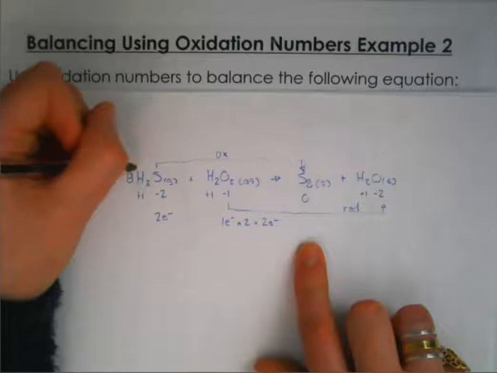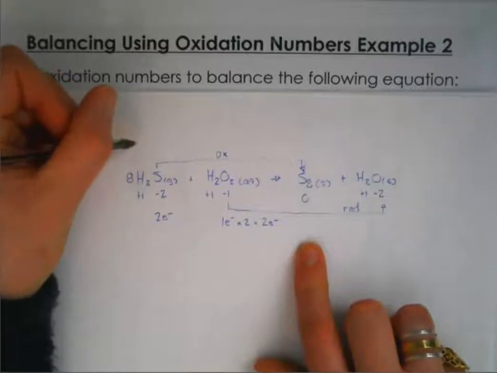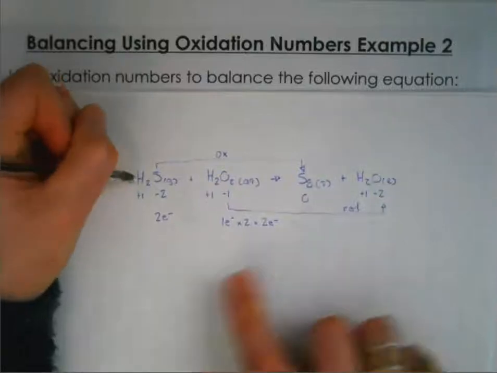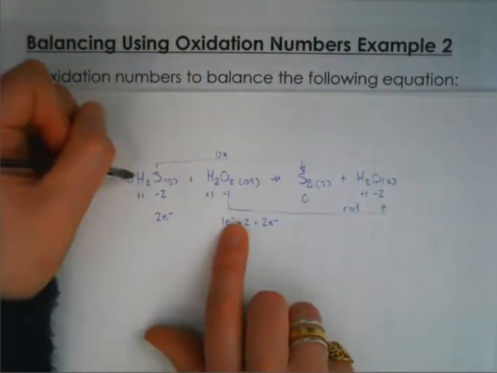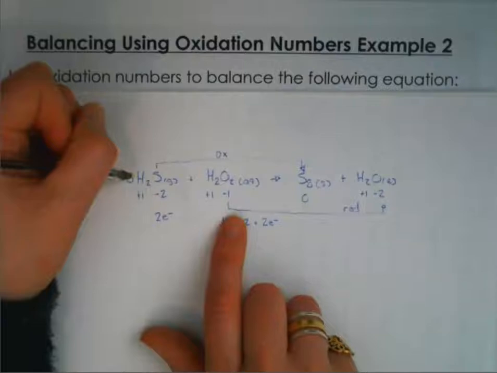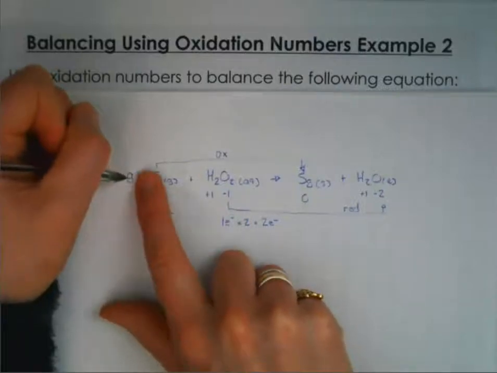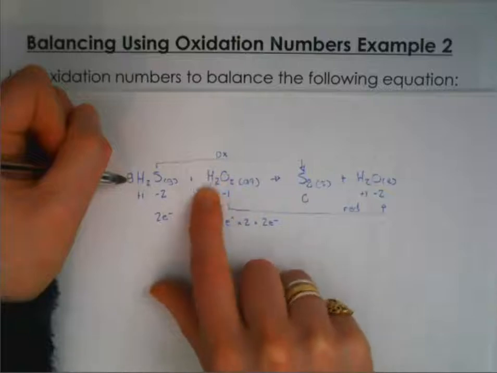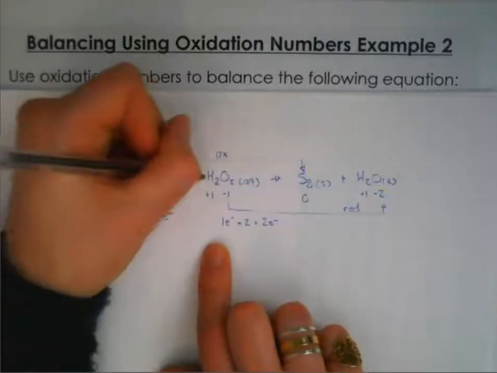Now, a little bit of a hint for a question like this that can be kind of tricky: because we have equal values of our electrons for each reactant, if we have 8 of these molecules, in order to transfer the same number of electrons, we need the same number of molecules of the other reactant.